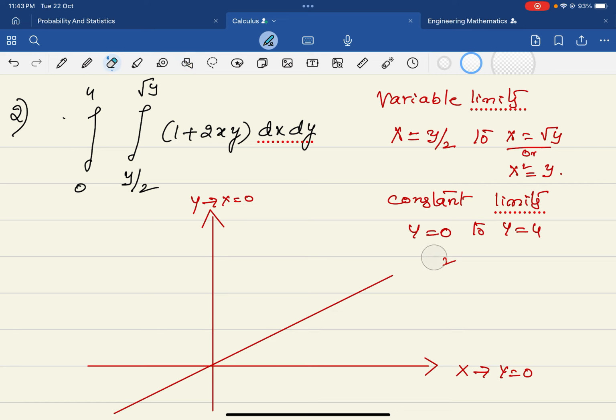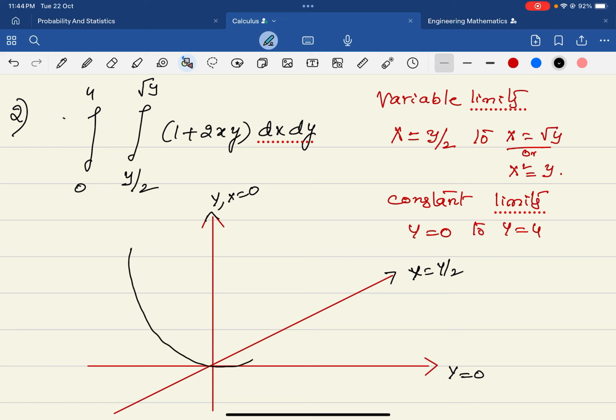Right, now let us put in this. This is the y-axis, x is equal to 0. This is y is equal to 0, and this straight line is x is equal to y by 2. And then x equal to root y. You should understand that it's a parabola. It's a parabolic equation.